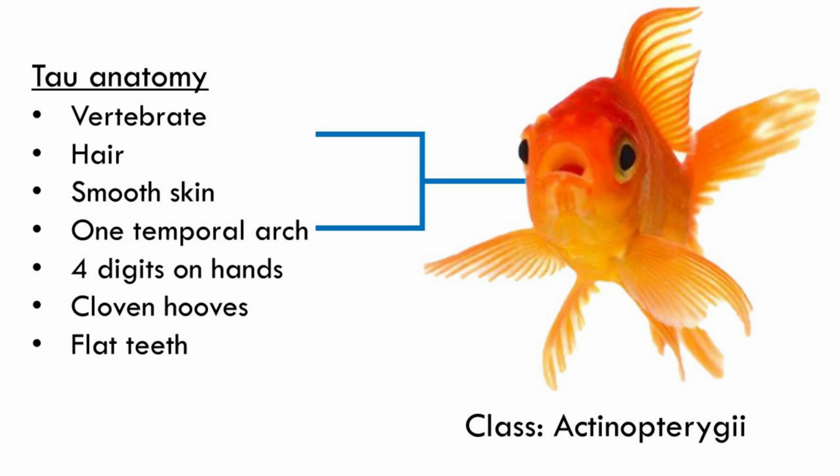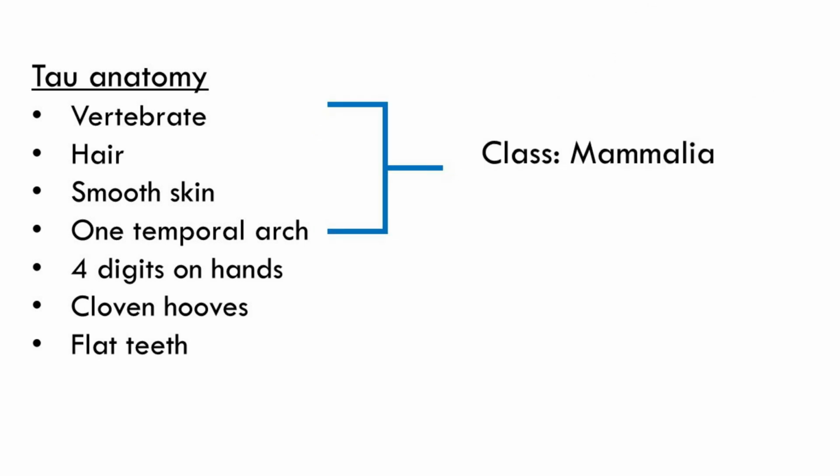Those are all examples of ray-finned fishes, and tau really don't have anything in common with them. They are vertebrates, just like Actinopterygii, but other than that, all of their traits suggest that they are not part of this group. So we're able to exclude fish people or Actinopterygii right off the bat and start honing in on some more viable candidates.